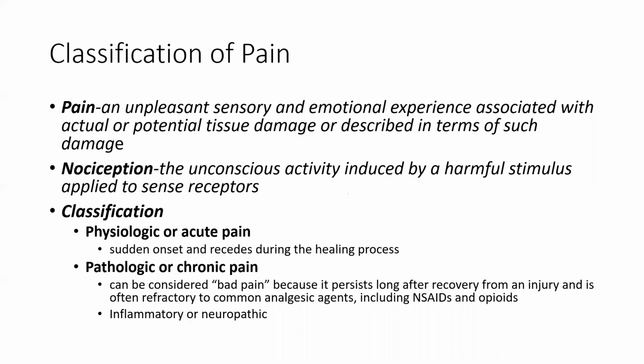Chronic pain is generally a result of inflammatory processes, or inflammatory pain, or nerve injury, or neuropathic pain. Medical or clinical conditions that create neuropathic pain include diabetic neuropathy, toxin-induced nerve damage, and also ischemia.